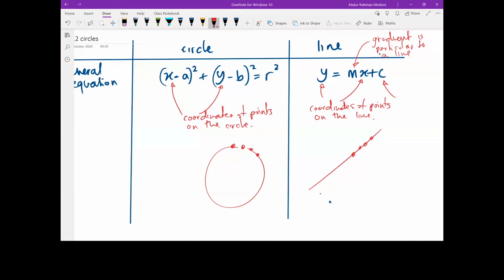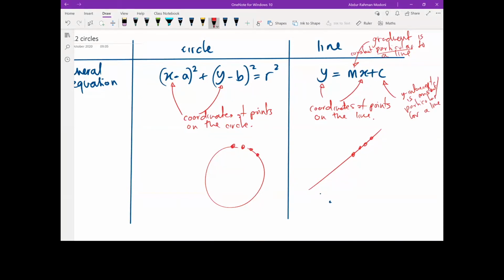When I say particular, you can say it's constant for a particular line as well. So gradient is constant, particular to a line. Likewise, the y-intercept is constant, or particular, for a line. Now the same happens with the circle.